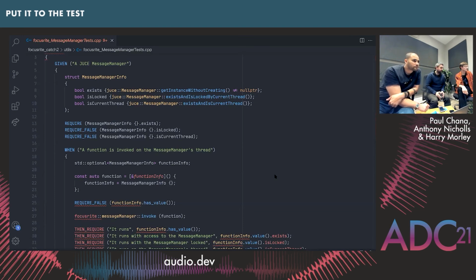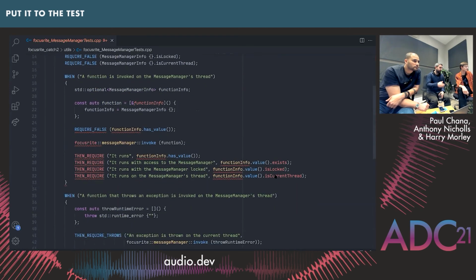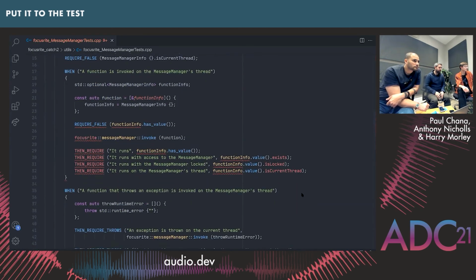So we do a test with some REQUIREs there, just to make sure the default state is that that's not the case right now. And afterwards, you can see on line 25 we've got the require false, that it doesn't have a value, as it's a std::optional.